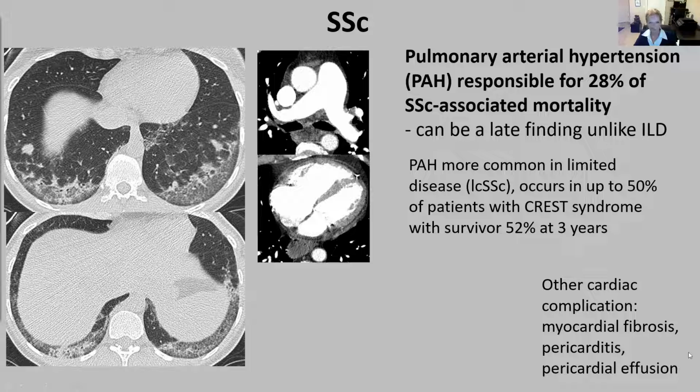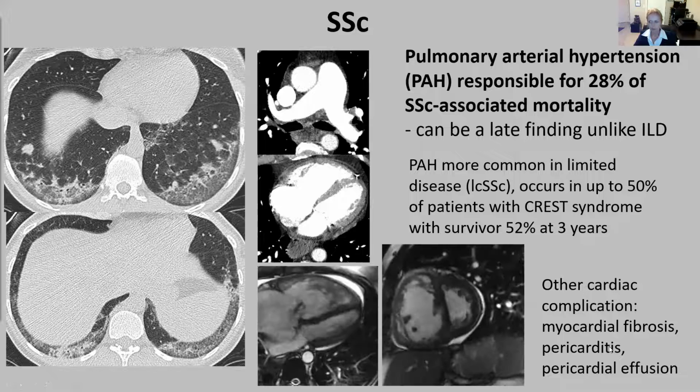It is more common in limited disease and affects up to 50% of patients with CREST syndrome. Survival is poor, 52%. Other cardiac complications include myocardial fibrosis, pericarditis, and pericardial effusion, which is often asymptomatic.